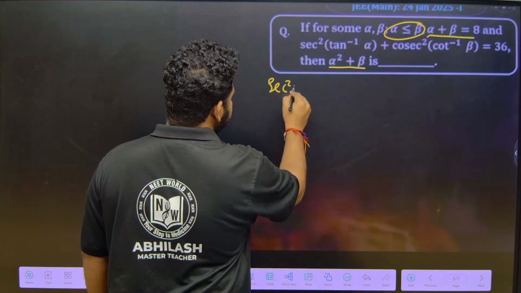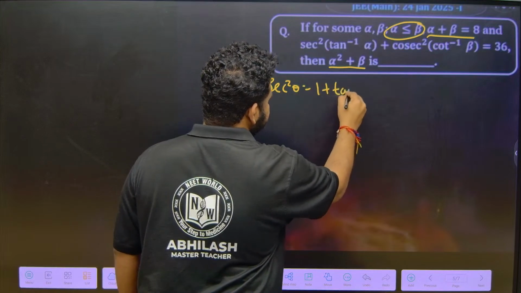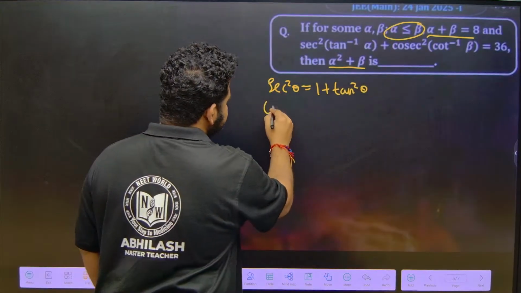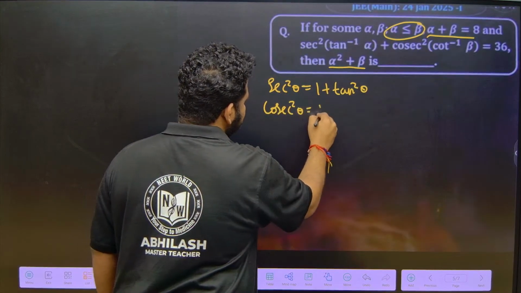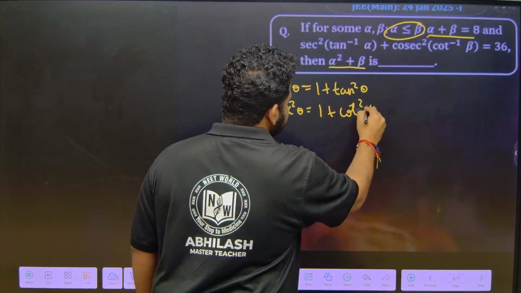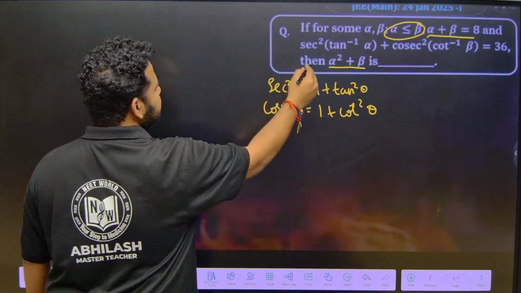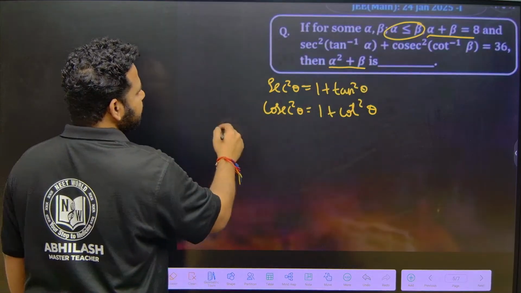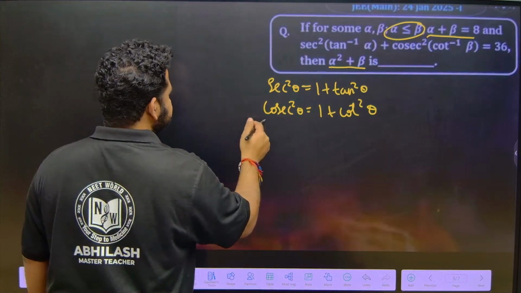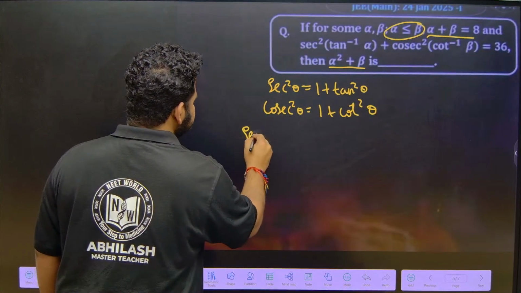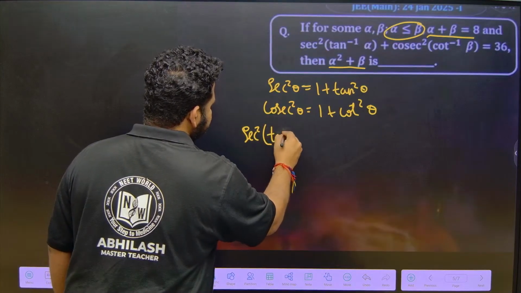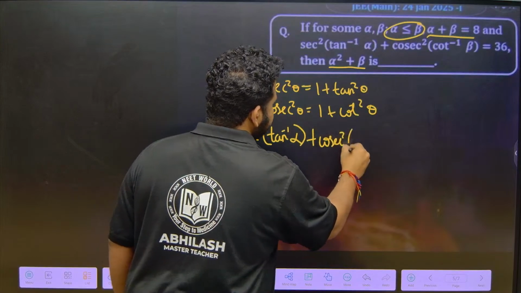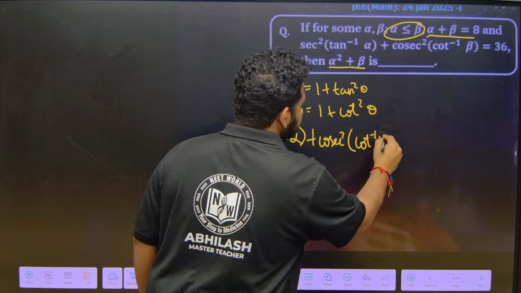We know that secant square theta is equal to 1 plus tan square theta, because they were given secant square. Here cosec square they were given. Cosec square theta is equal to 1 plus cot square theta. So let me use that here. They were given secant square tan inverse of alpha plus cosec square cot inverse of beta, equal to 36.